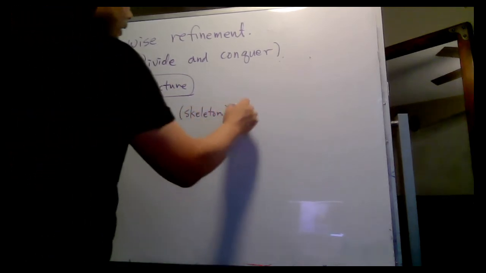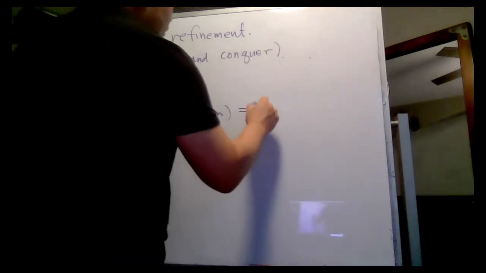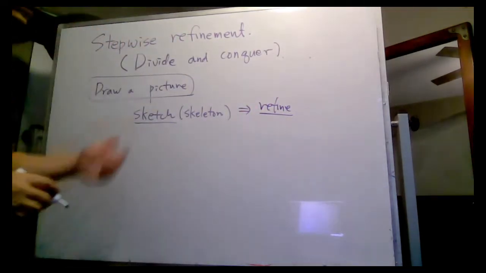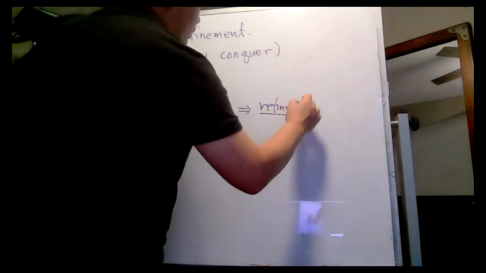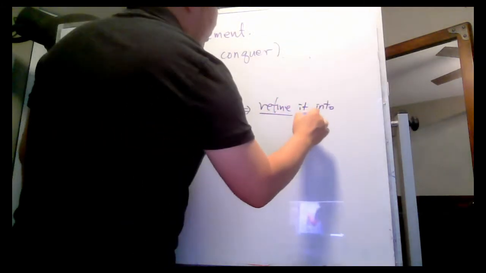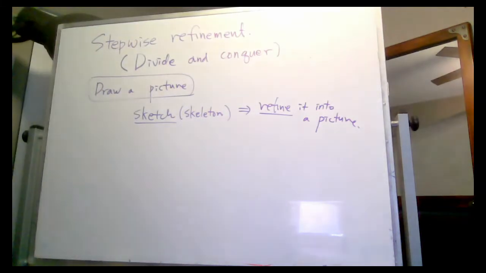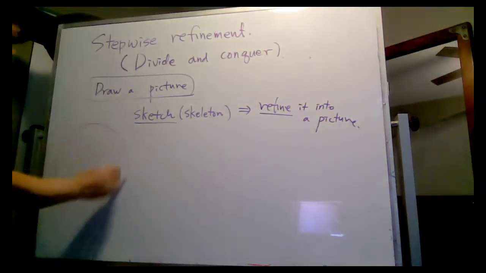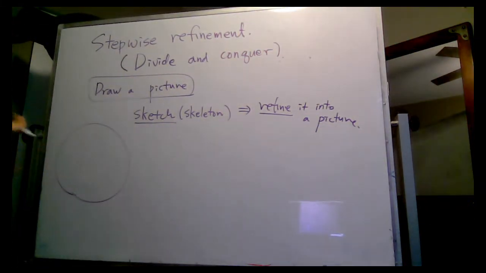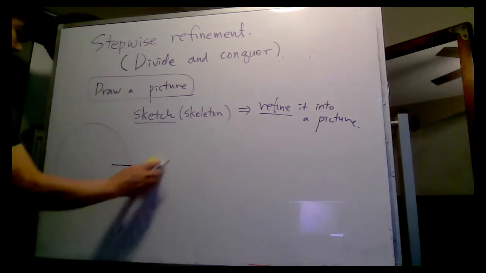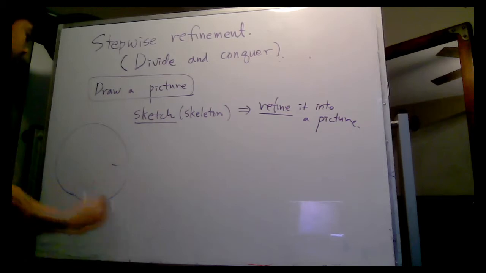And then based on that, you refine the sketch into a picture. So what does this mean? You have a task, you have to draw something, you have to build something. The way to do it is create some blueprint or sketch. Okay? That is rough structure.